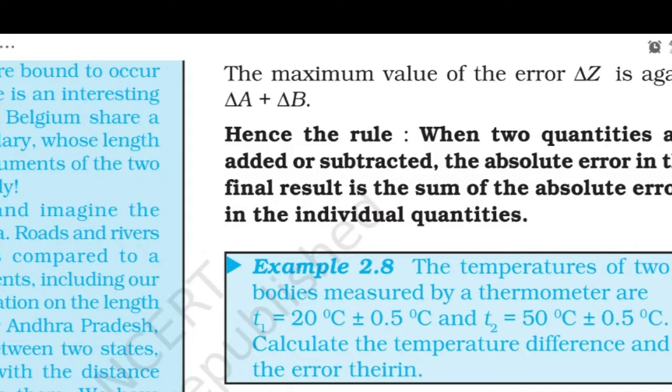So even if the third quantity is A plus B or A minus B, the absolute errors get added. The absolute error will be the sum of absolute errors in the individual measurements. So that is the rule.